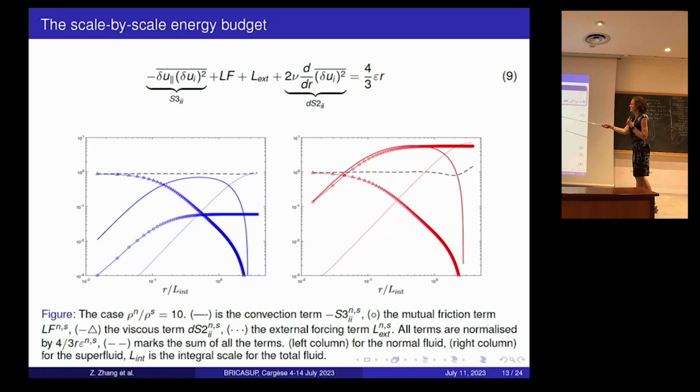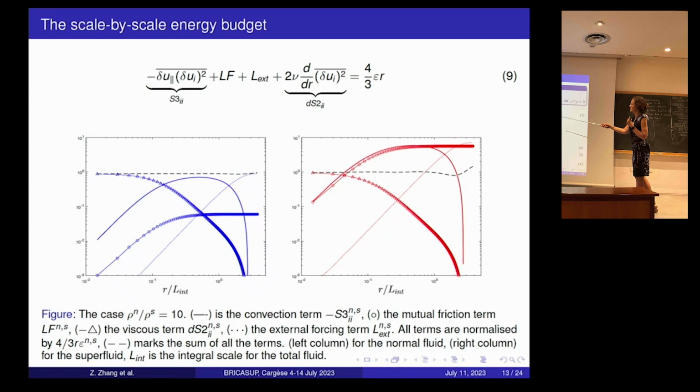This is the energy transfer through turbulent fluctuations, which is all this term. We do not have really a plateau, which signifies that the Reynolds number is relatively low, smaller than 100 here. This is the term that is associated to the forcing. We see that it appears at very large scales and it's smaller and smaller at smaller scales.